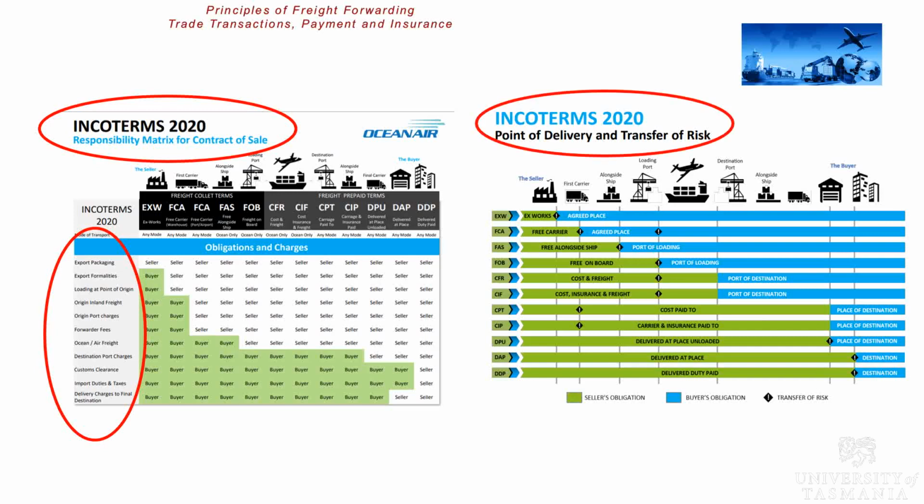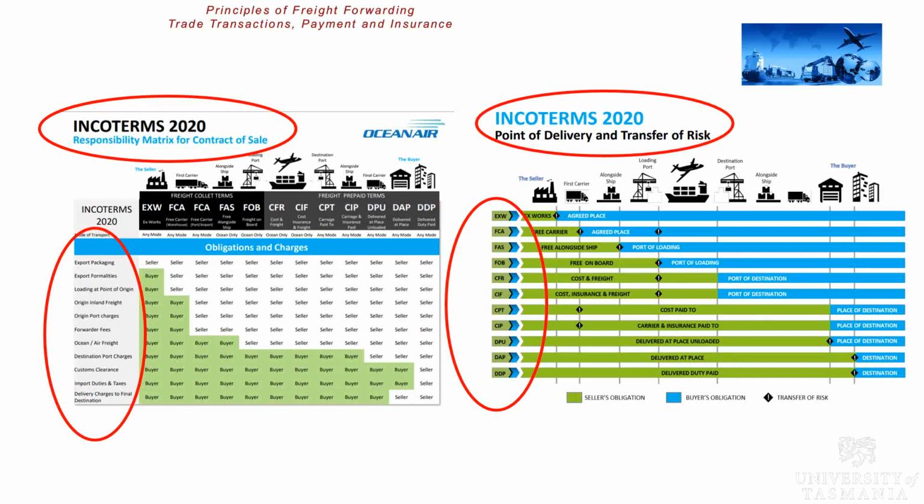Also, in regards to the point of delivery and the transfer of risk, we can see here that for every term we can identify where the seller's obligation starts and where it's finished, and where the risk of the shipment is passed to the other party.